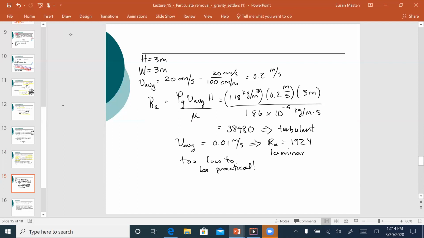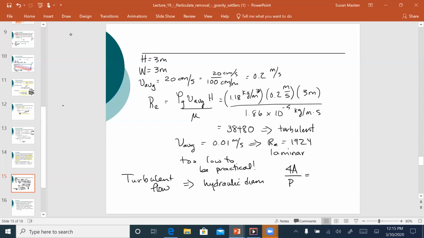If you do have turbulent flow, then you need to use the hydraulic diameter. And that is equal to 4A, 4 times the area divided by the wetted perimeter.